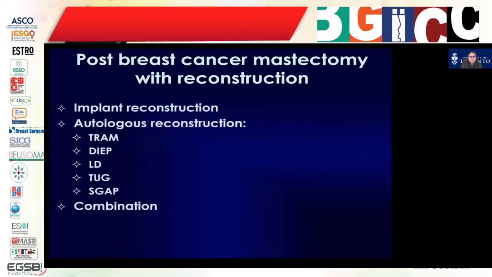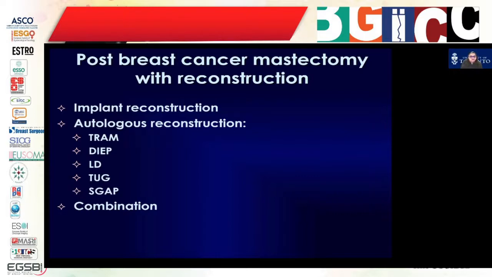So after a breast cancer mastectomy, what are the different options for reconstruction? You could just have an implant reconstruction, or you could have autologous reconstruction, or you can have a combination where there is autologous tissue as well as a little bit of implant to augment the size of the breast.